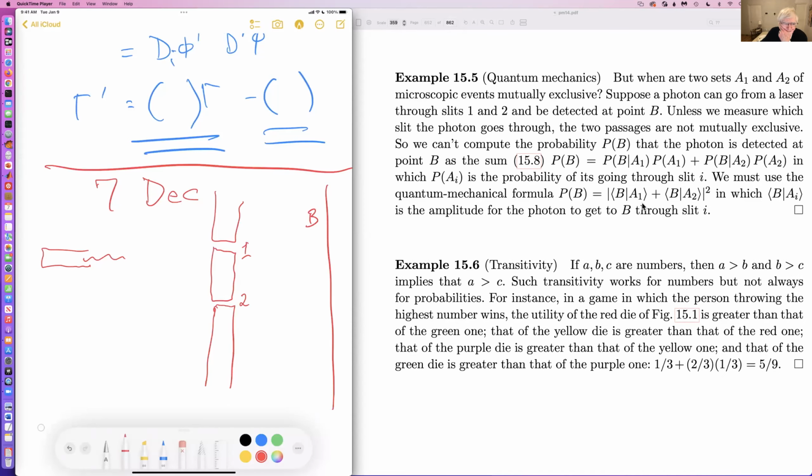So that's the starting point for doing quantum mechanics.